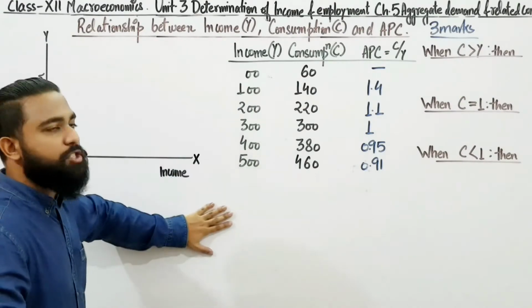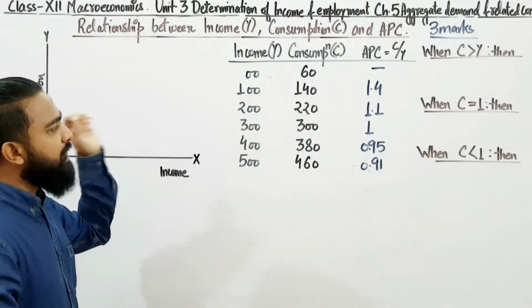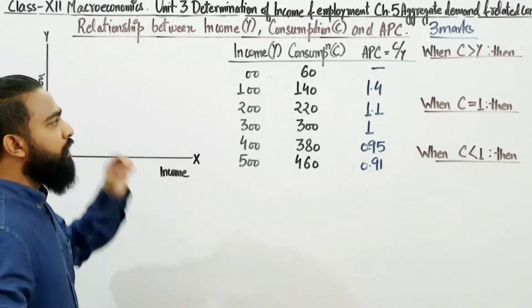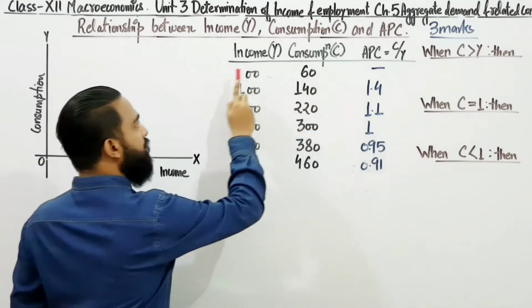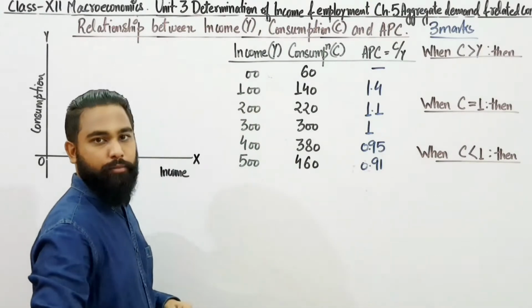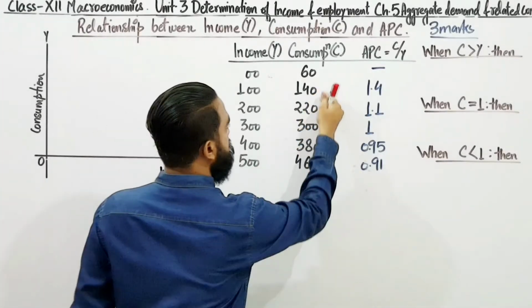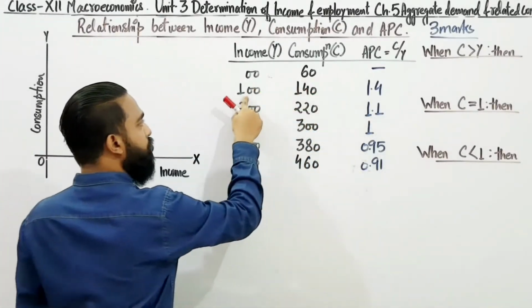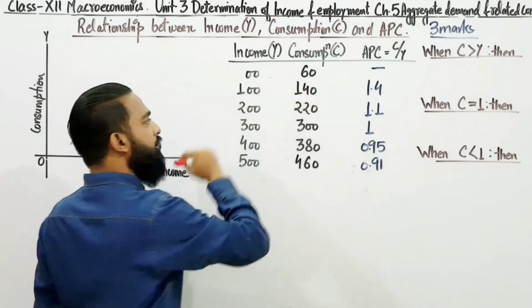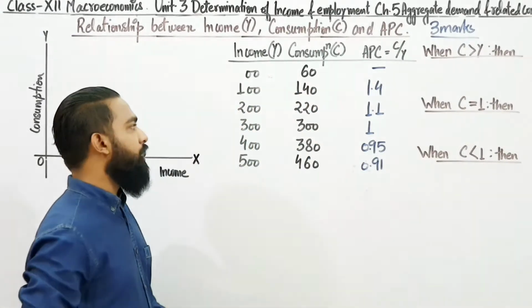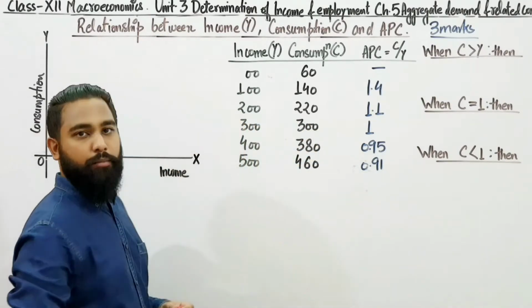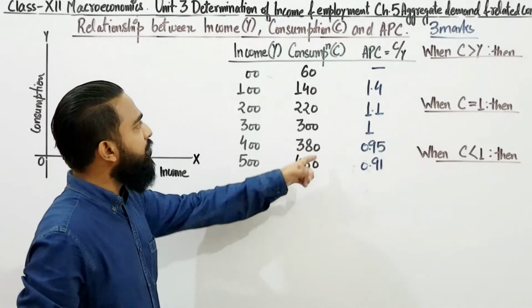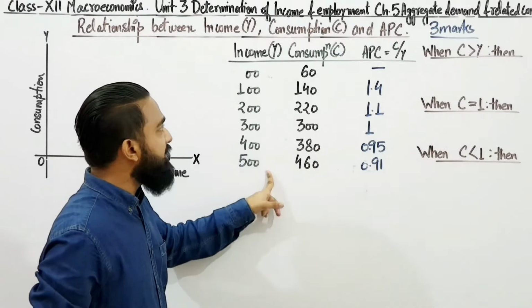Now if you see that schedule, you will see 3 types of value. The values where consumption is more than income. Here consumption 140 is more than 100, 220 is more than 200. Now there is a value which is 300 which is equal to income, and there is a scenario where consumption is less than income.